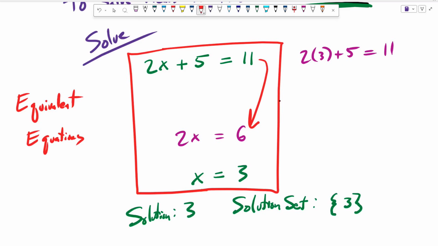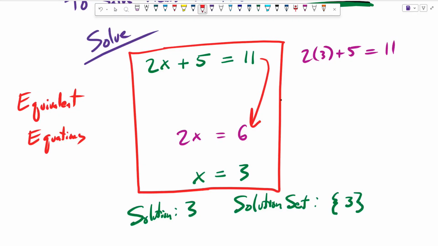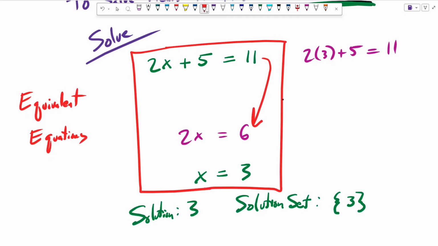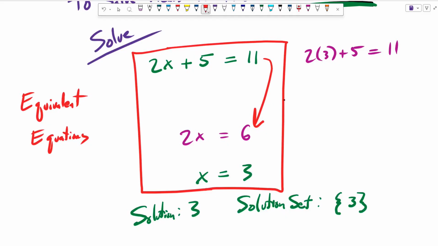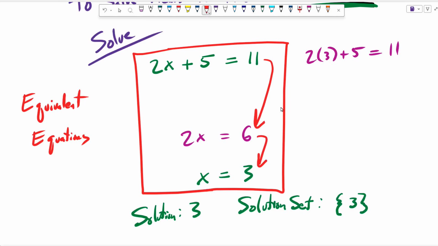We use the division or multiplication property of equality, which says you can divide both sides of the equation by the same number, as long as it's not zero, and the new equation is equivalent, which means it has the same solution set. Once we get here, we know the obvious solution is 3 because we plug in and 3 equals 3.